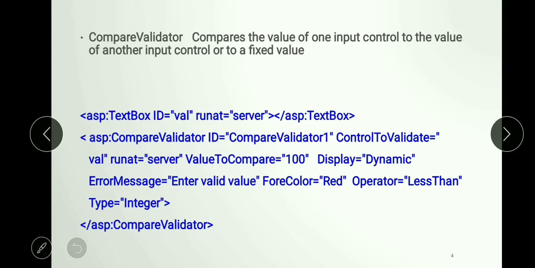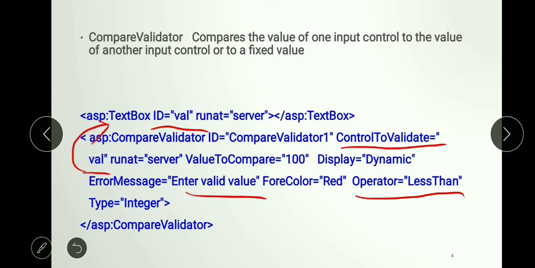For example, here we take one text field with id val, and we compare this text field with a standard value, applying the operator as less than. If the value is less than 100 then only it is valid, else it gives the error, enter a valid value. Here we have to specify the control to validate, that is val.